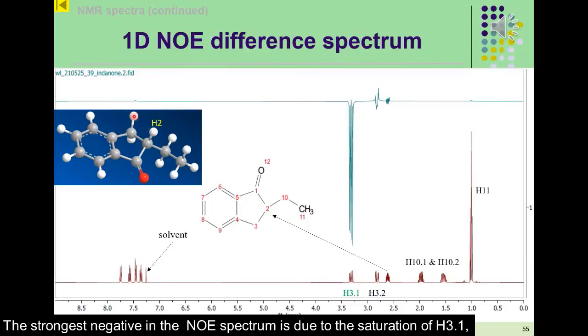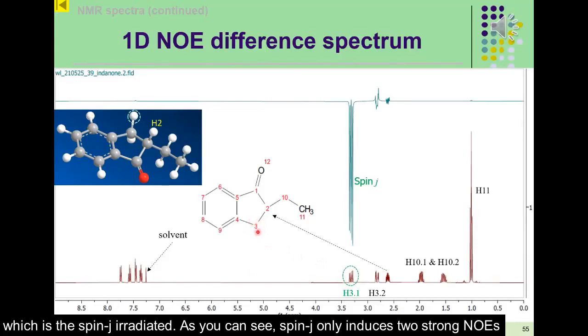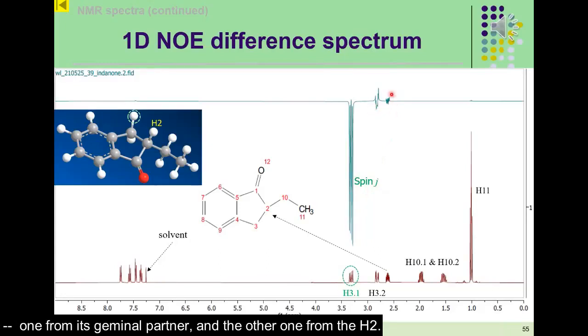The strongest negative peak in the NOE spectrum is due to the saturation of H3.1, which is the spin J irradiated. As you can see, spin J only induces two strong NOEs, one from its geminal partner and the other one from H2.